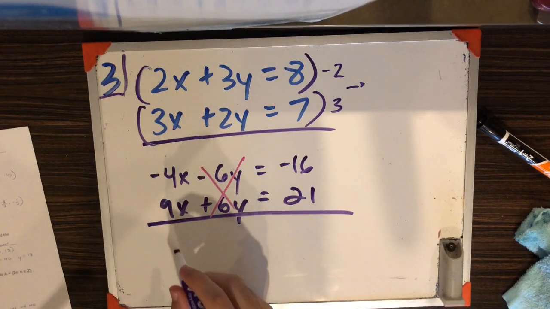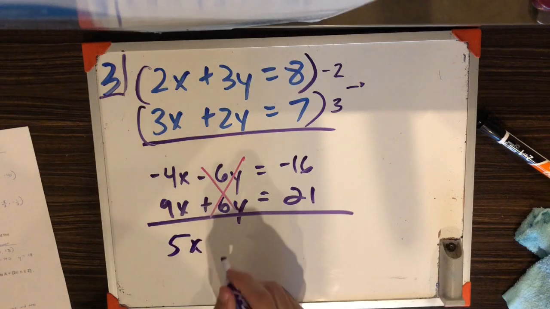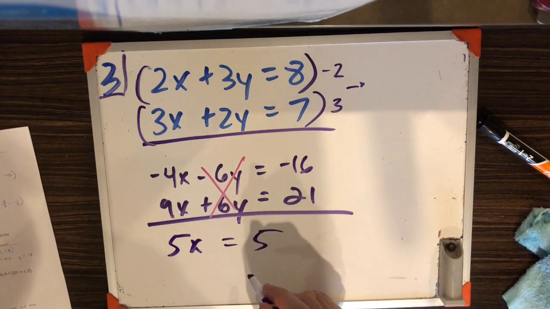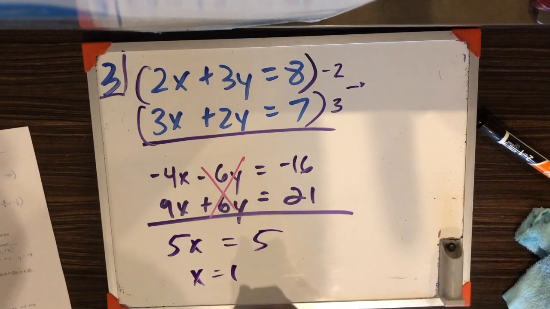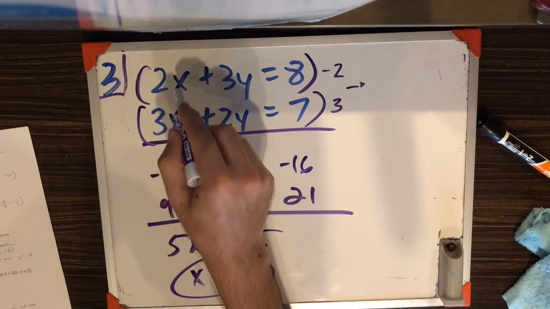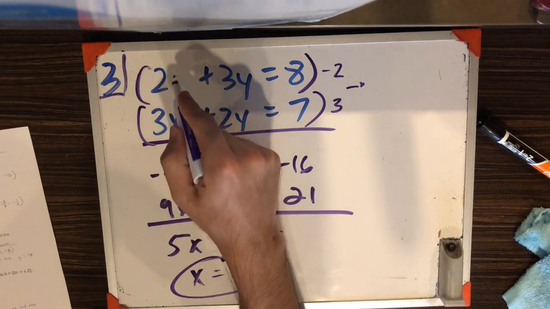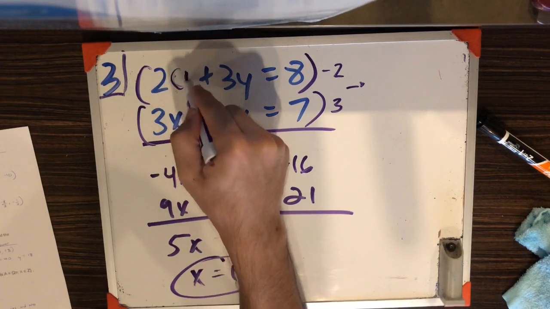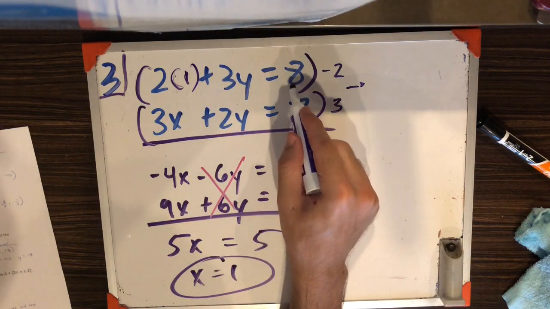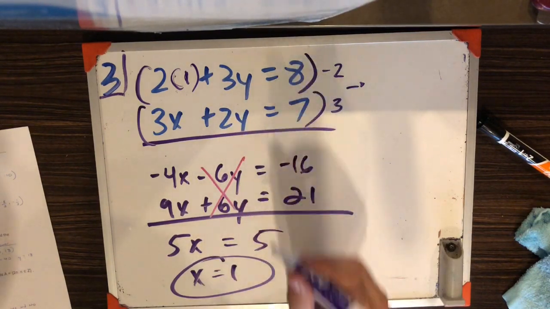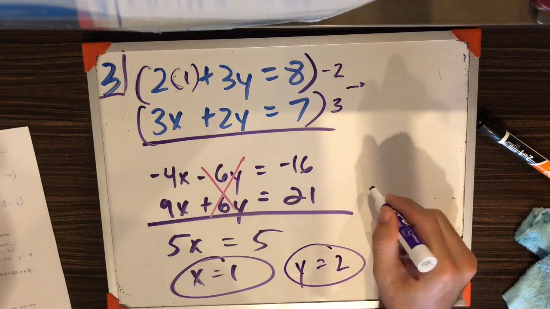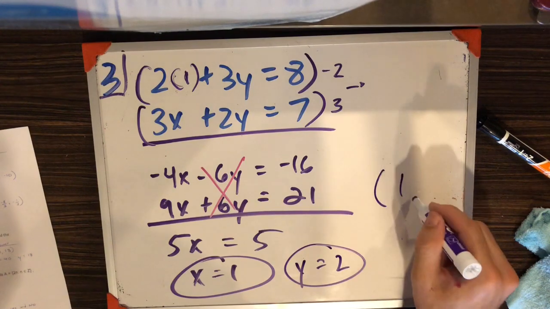Negative 4x plus 9x is 5x is equal to negative 16 plus 21 is 5. Well, x is equal to 1. Okay, if we end up plugging this in, like say for here, 2 times 1 is 2, minus 2 from 8 to 6, 3y is equal to 6, well, y is equal to 2. So your answer for this should be 1 and 2.